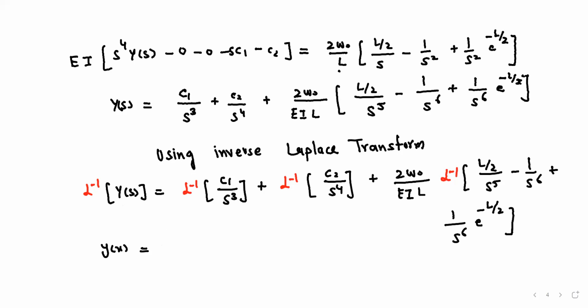You know the formula for this type: I am applying the inverse Laplace on 1 divided by s raised to power 3. So you know that this is equal to 1 by 2 factorial, inverse Laplace of 2 factorial divided by s raised to power 2 plus 1.